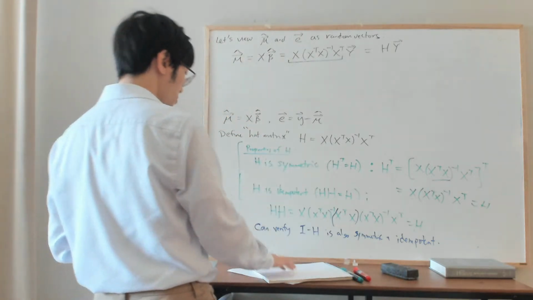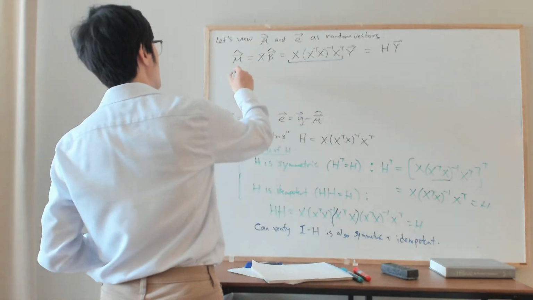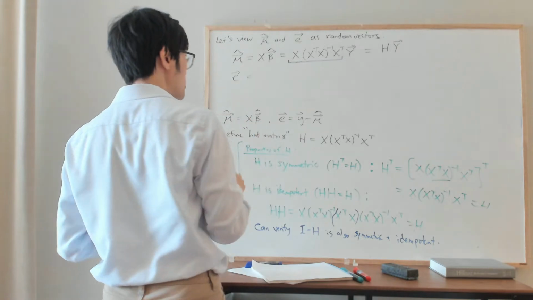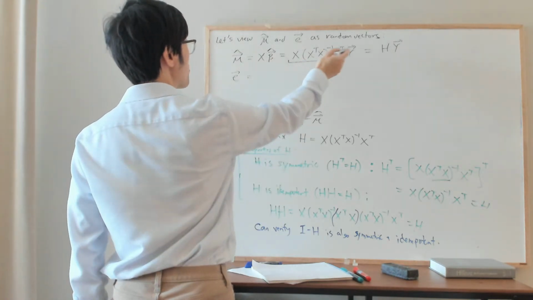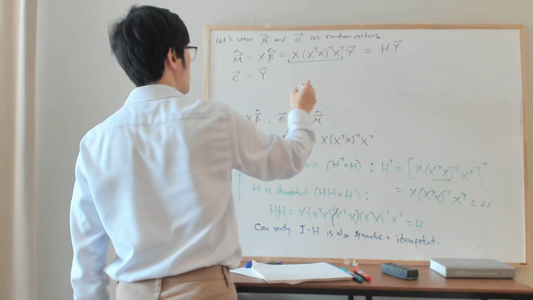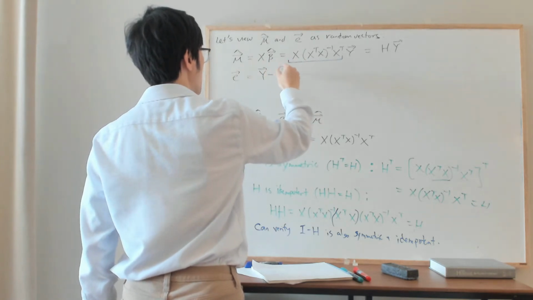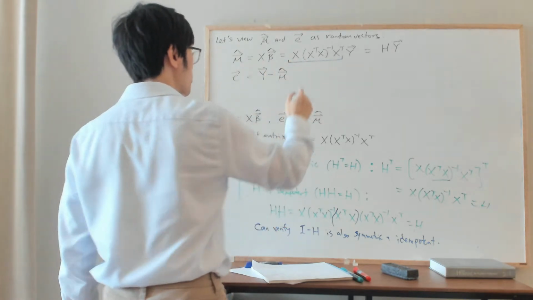And then in a similar way, let's write E. The residual vector, which we view as a random vector, so I'm going to change to capital Y here, is Y minus mu hat.